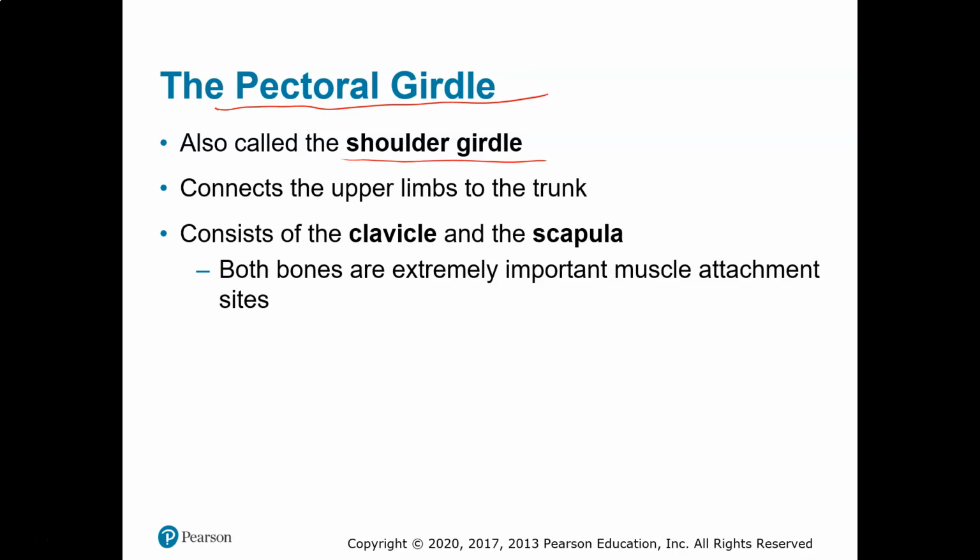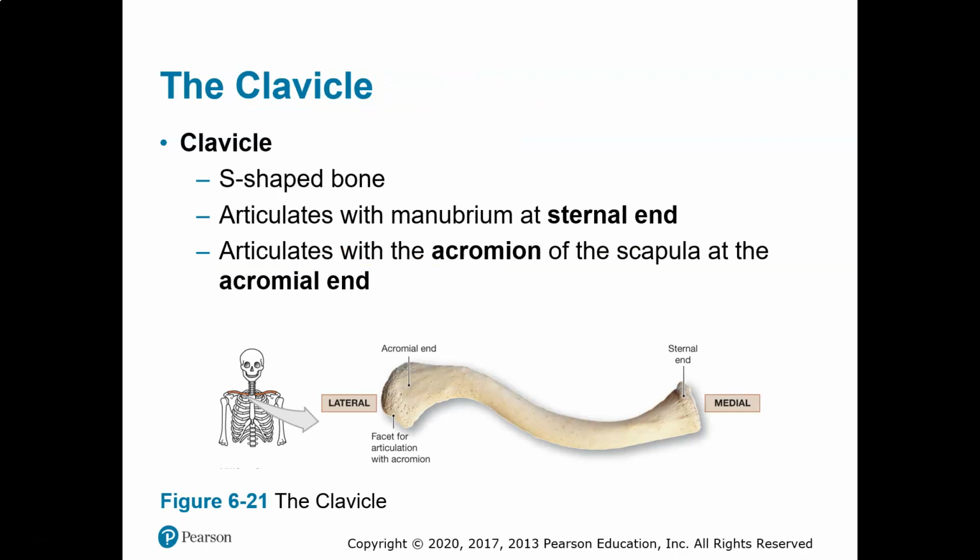So it connects your arms to your trunk area using the bones called the clavicle, which we also call the collarbone, and the scapula, which we also call the shoulder blade. Both of these bones are important for muscle attachment, many different muscle attachment sites.